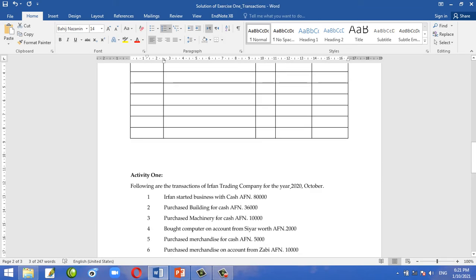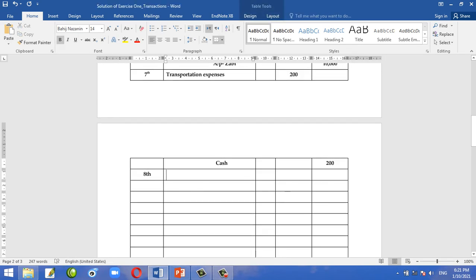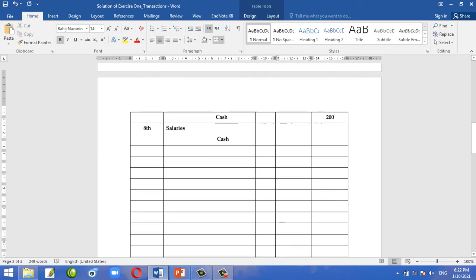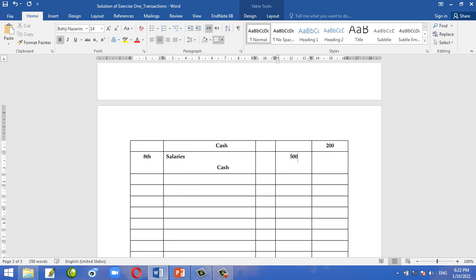Yes, we had salaries expenses. We can record here salary expenses against cash. We have given the money to employees worth how much? We have 500 Afghanis as a debit, and also 500 Afghanis as a credit.